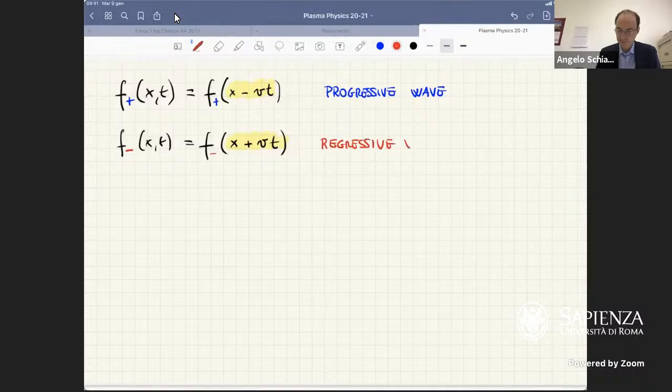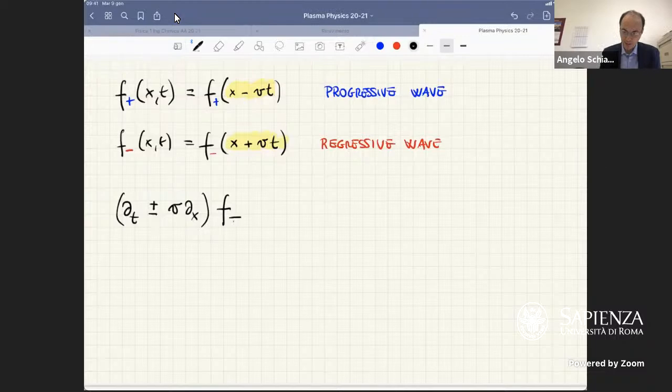So it means that we can write our solution. For instance, we take the differential operator for the progressive and regressive wave, so we apply dt plus or minus v dx to a generic solution, the regressive or progressive wave of x and t, equals 0.